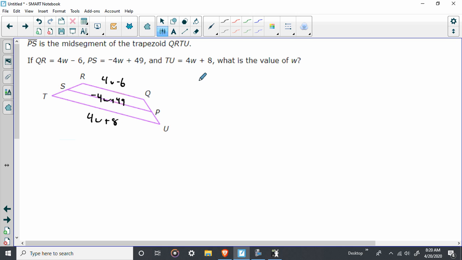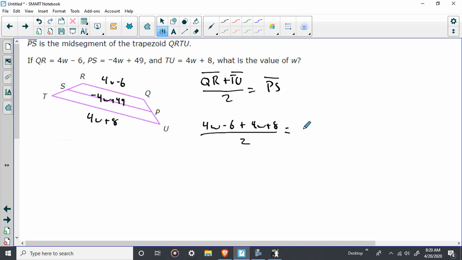So again, let's say QR plus TU over 2 is equal to PS. Okay, so from what we know, QR is going to be 4W minus 6. TU is going to be 4W plus 8, all over 2. And that equals negative 4W plus 49.